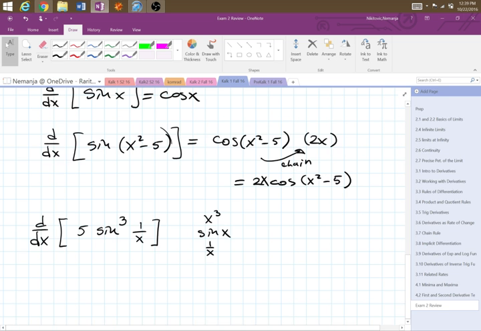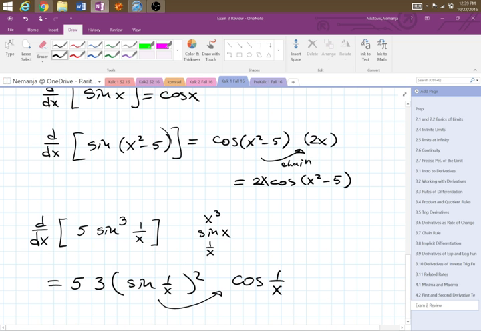So now that I see that, I say, all right, copy the constant, which is 5. Derivative of x cubed is 3x squared. So I have to have sine of 1 over x still in there. Then the derivative of the inside: derivative of sine is cosine of 1 over x. And then finally, the derivative of 1 over x is negative 1 over x squared.